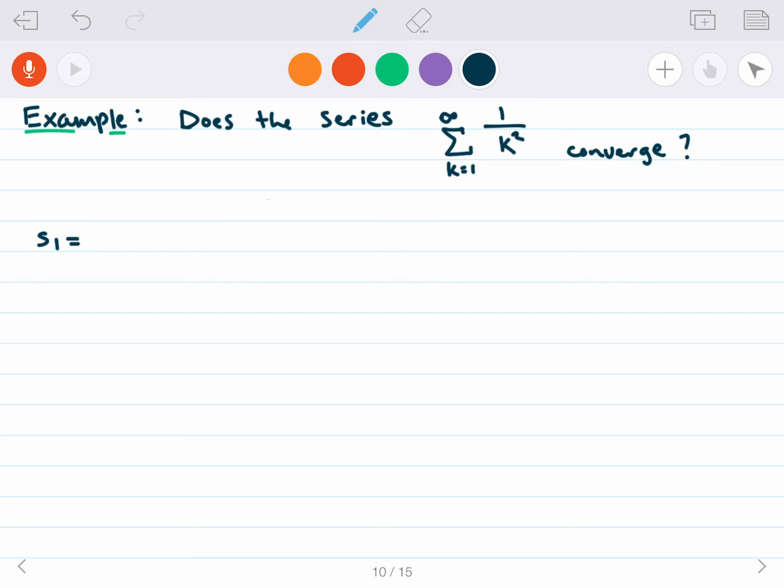So our first term in the partial sum sequence is going to be 1 over 1, which is 1. Okay. S sub 2 is going to be 1. Let's see. Yeah. Okay. Wait, let me just make sure I'm indexing this right.